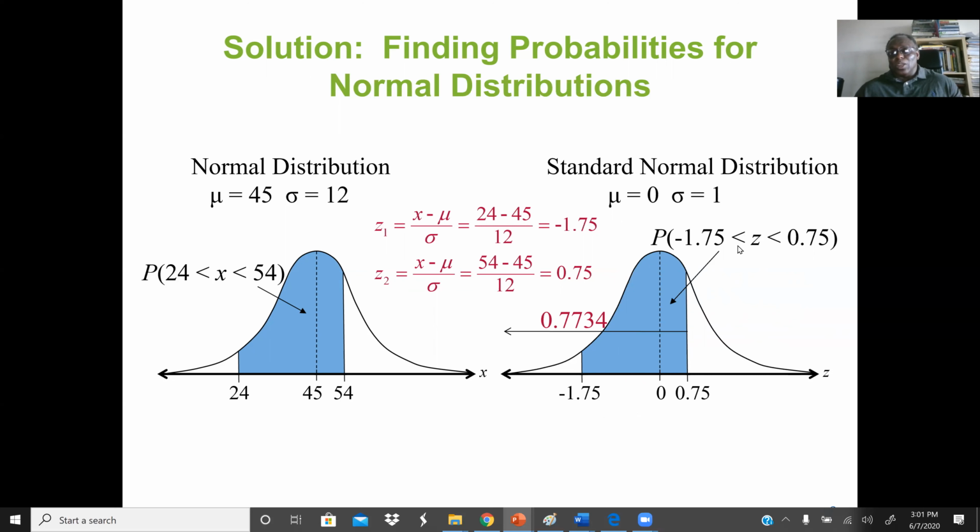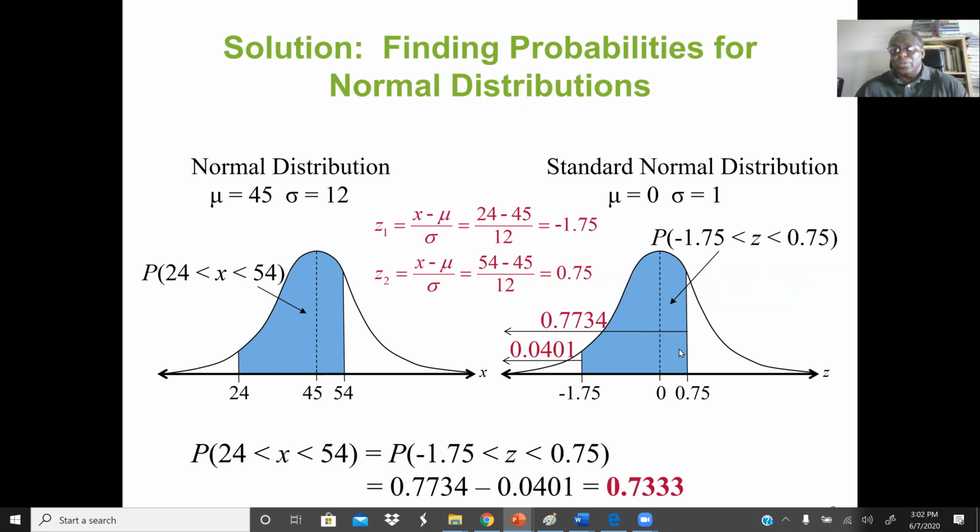So here we look at the p-value from the table. It's 0.7734 for the 0.75. Then we look for the second p-value, for negative 1.75, and that gives us 0.0401. So now we find the difference. We're looking for the shaded area here, so we take 0.7734 minus 0.0401, and that will give us the probability that our value falls between 24 and 54.